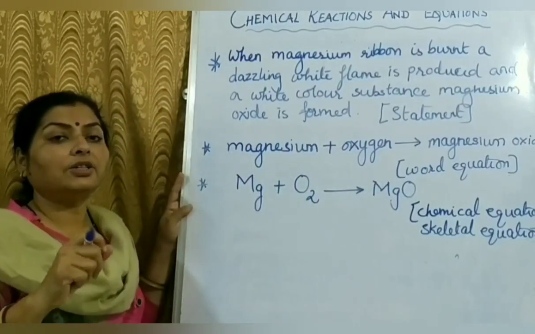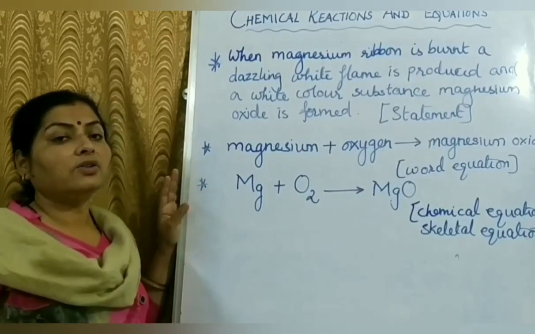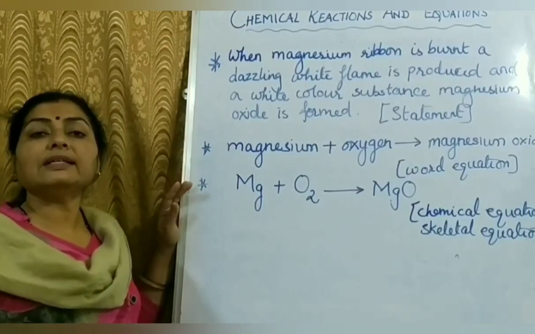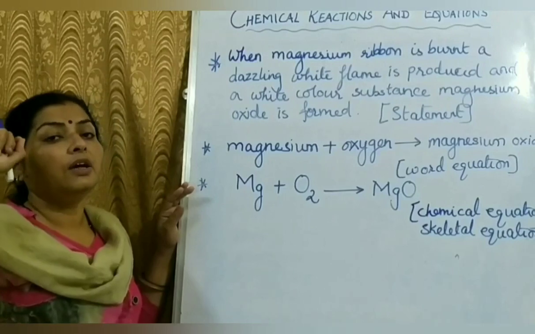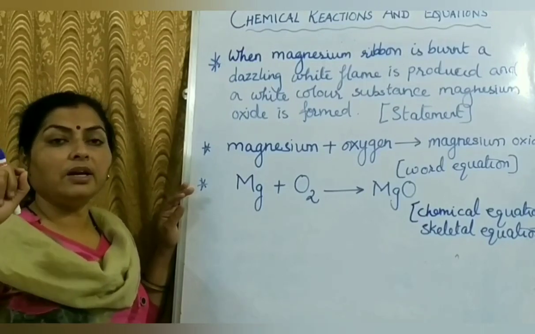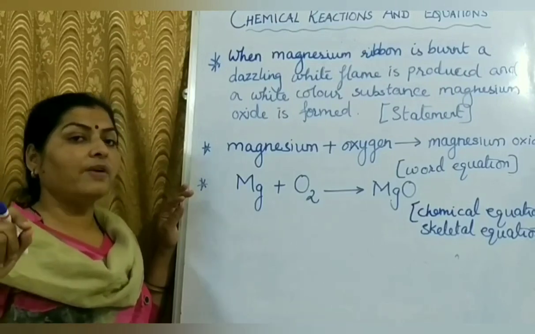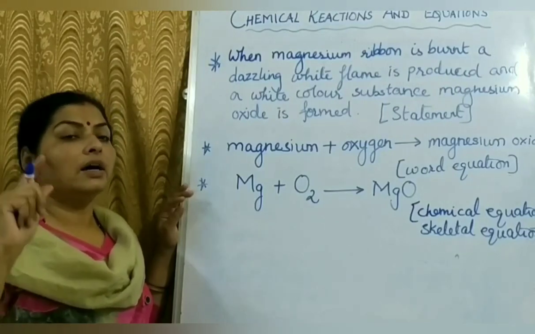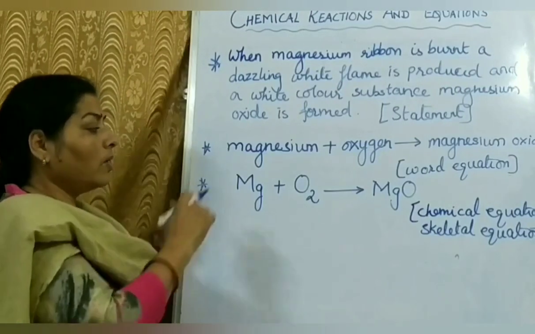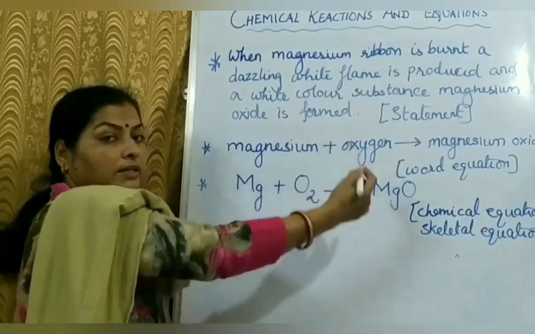In a chemical reaction, none of the elements will get destroyed, neither will any element be formed. The atoms of every element will be the same in number. This is the requirement according to the law of conservation of mass, and that is why we have to balance a chemical equation. So I will make all the terms equal.